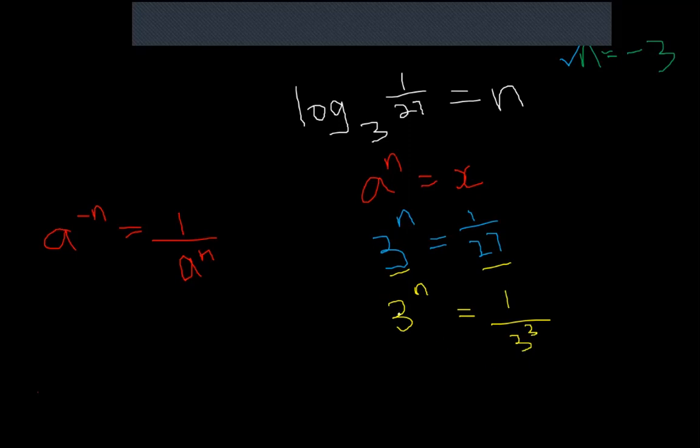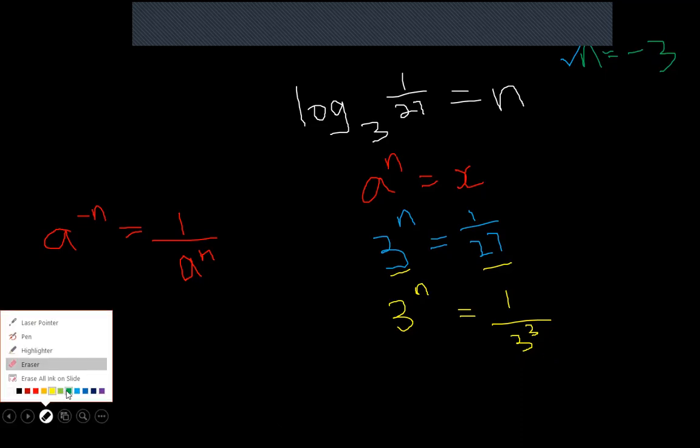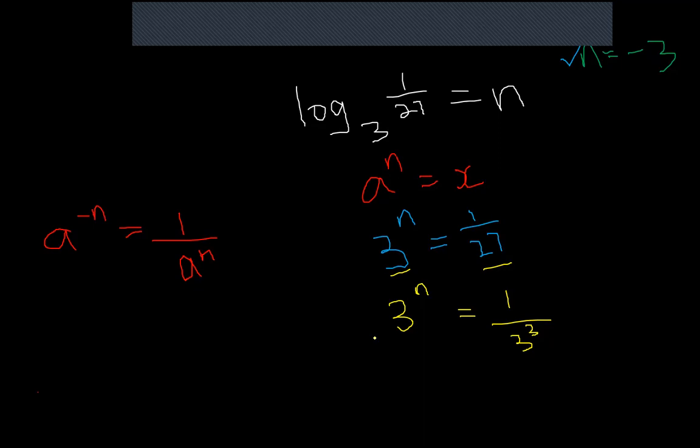But we still don't have the same base because I see 3 here and I see 1 on 3 to the power of 3. These are not the same bases, right? I see 3 and then I see a fraction here. That's not the same. How do we get the same bases? That's what we need to ask ourselves. So this is where this rule would apply.